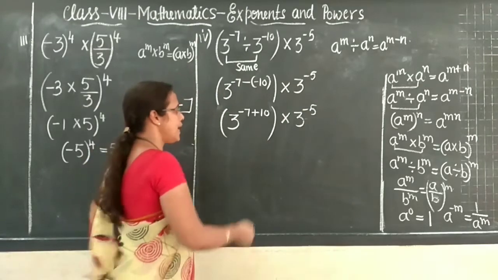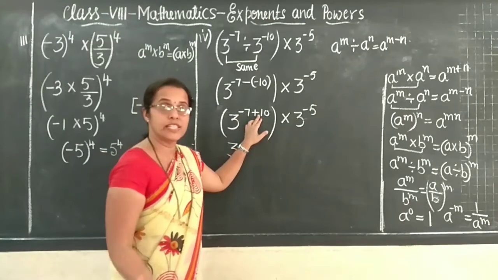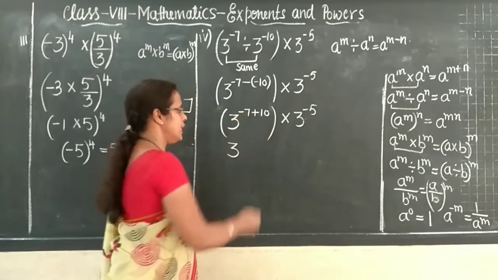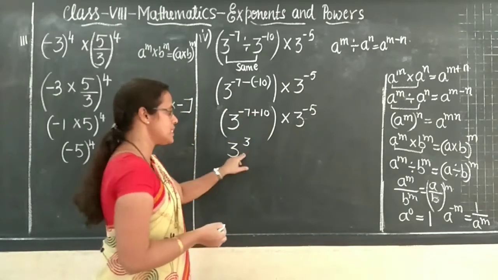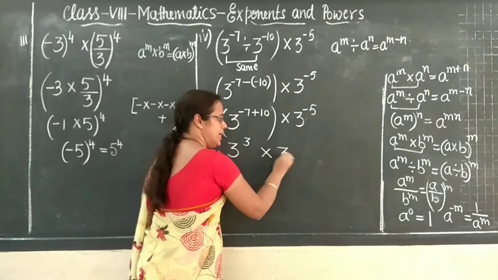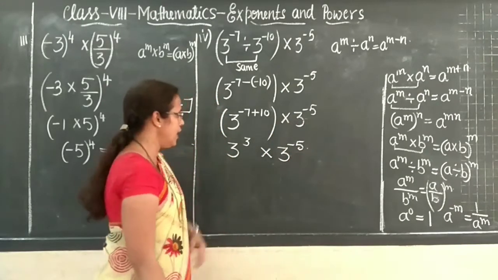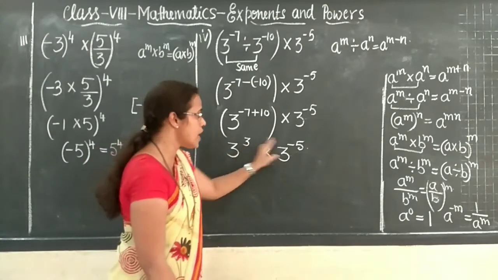So what you have to do next? See here, 3 write as it is. 1 plus 1 minus, you have to subtract, right? So 10 minus 7 is 3. Bigger number sign is plus. 3 into 3 to the power minus 5, right, as it is. Okay, now see here. Now bases are same, powers are different.